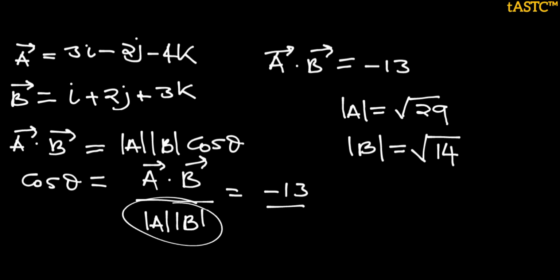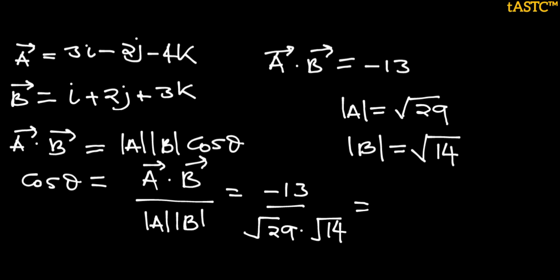Now these two, we have them to be root 29 multiplied by root 14. So let us find what that is going to give. That is minus 13 divided by root 29 multiplied by root 14.